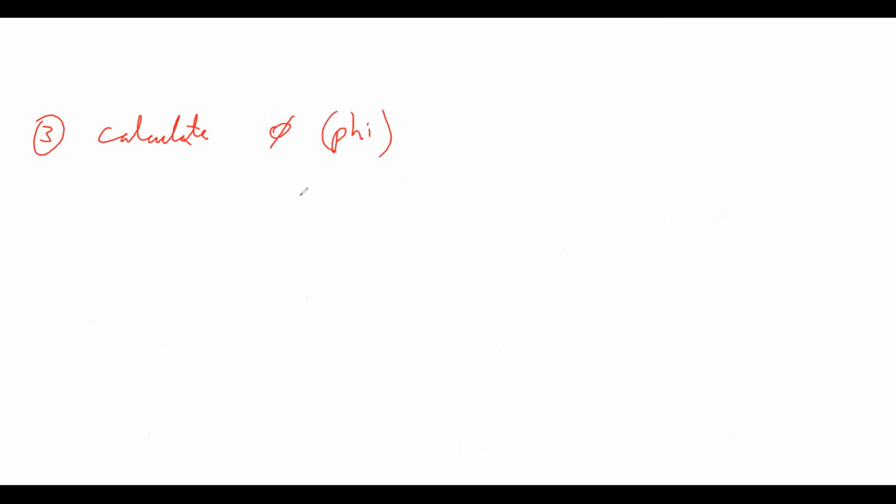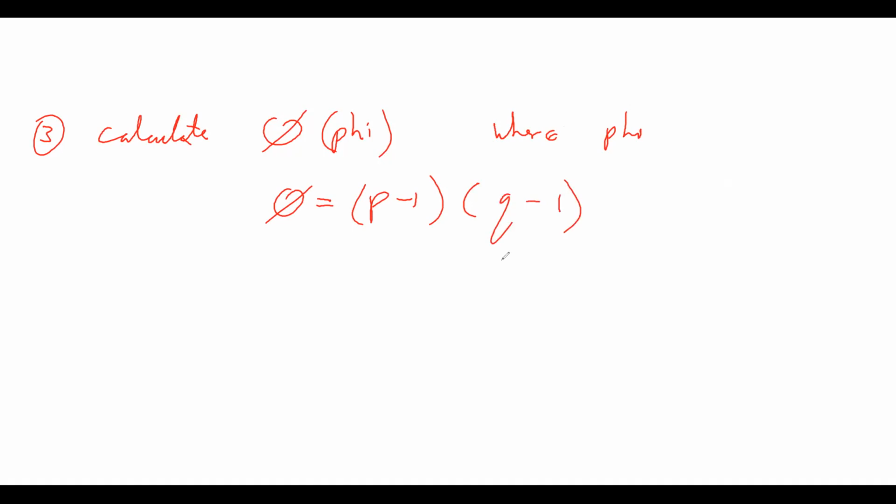Calculate a function or a value phi, which is as follows: P minus 1, our previous P and Q, times Q minus 1. All right, so you can see here a kind of methodology of what we're doing.